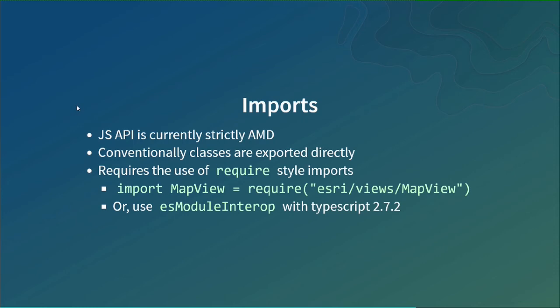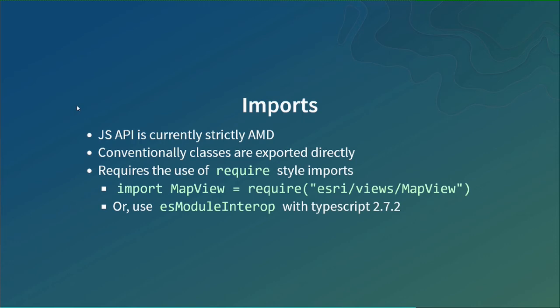As Nick mentioned, the JavaScript API is currently strictly AMD. The way that we export the classes that you're used to in JavaScript is that when you import the module, you get the class back. This is not really how the ES6 module system wants you to do that.